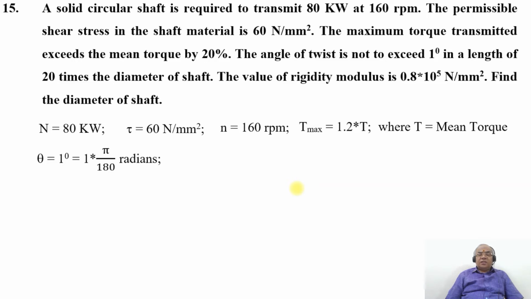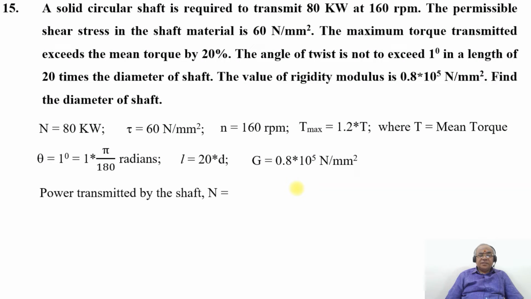Also theta is 1 degree, that is 1 into pi by 180 radians, in a length of 20 times the diameter, so L will be equal to 20 times D. The value of rigidity modulus G will be equal to 0.8 into 10 to the power of 5 Newton per mm square. Since the power is given, first we are going to find out what is the T mean.